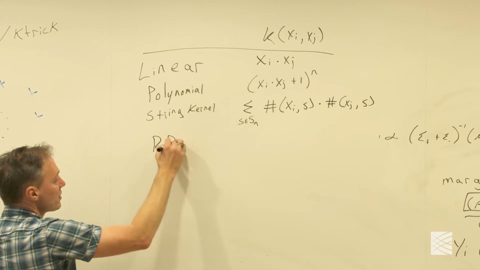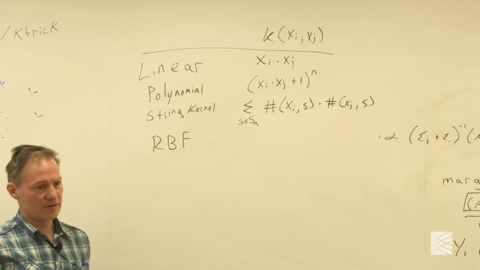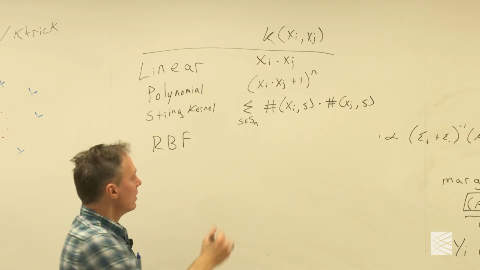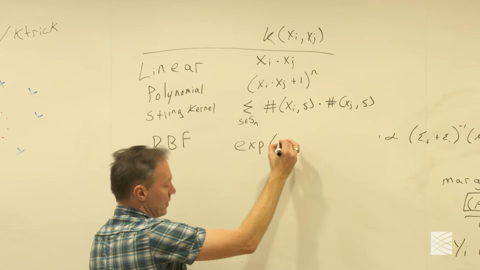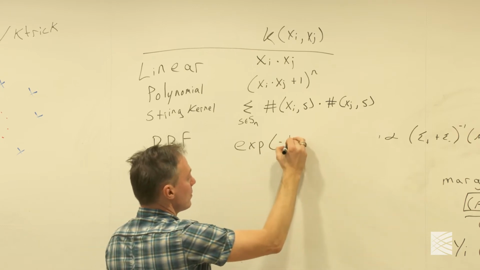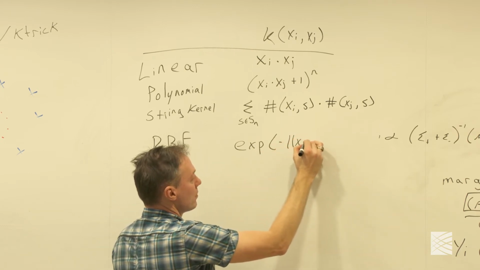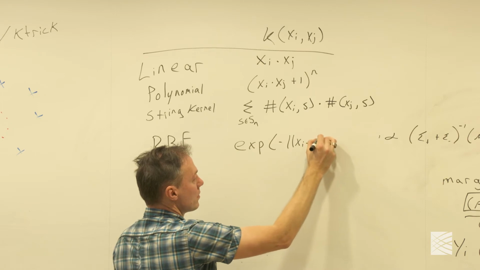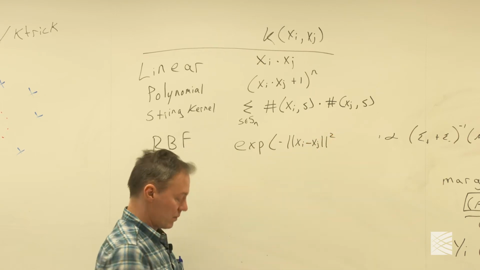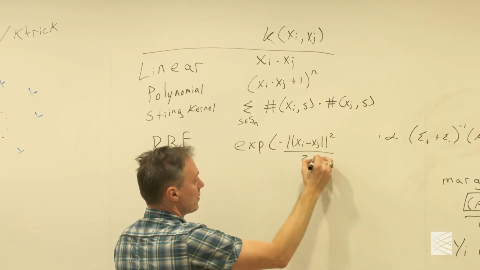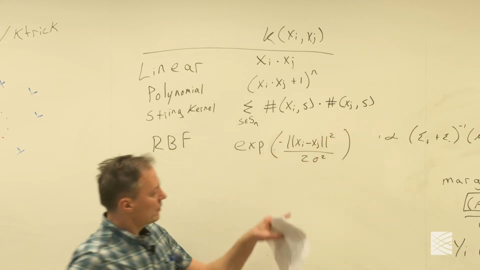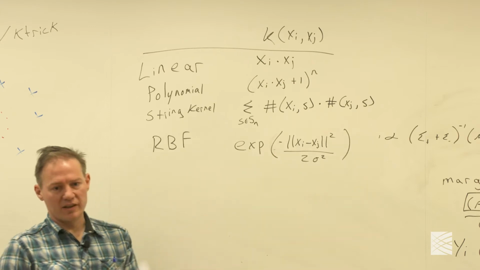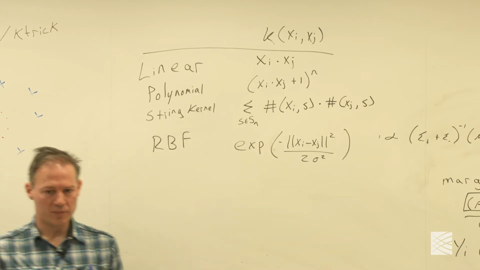Radial basis functions are a very common choice for SVMs. This is based entirely on a local density estimate of the points.